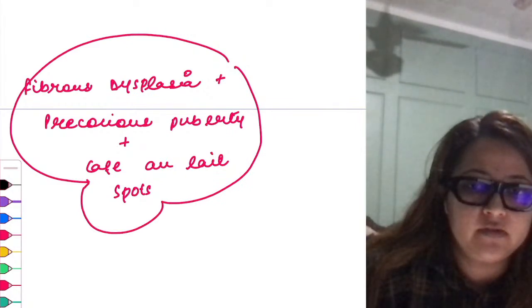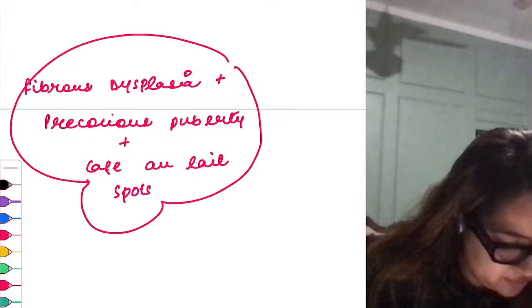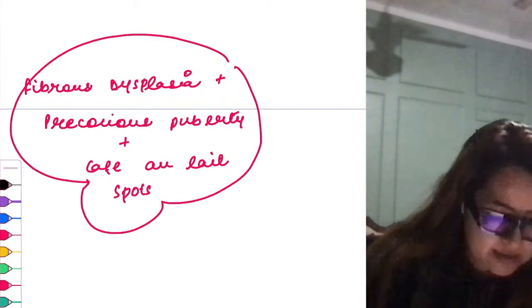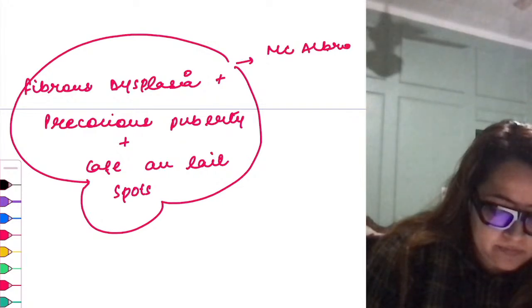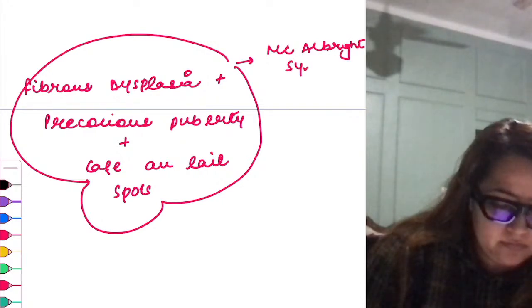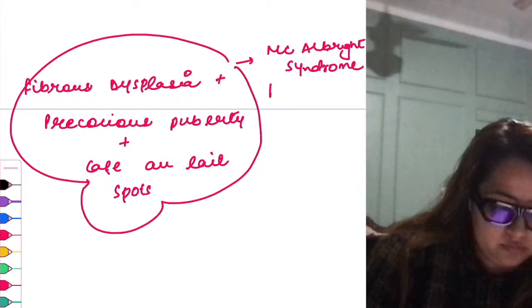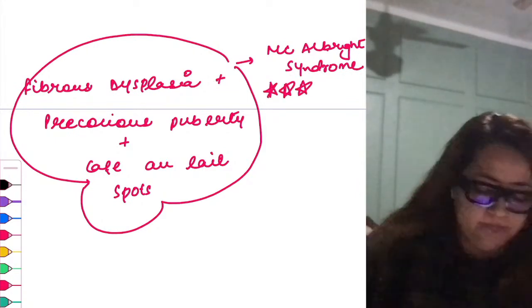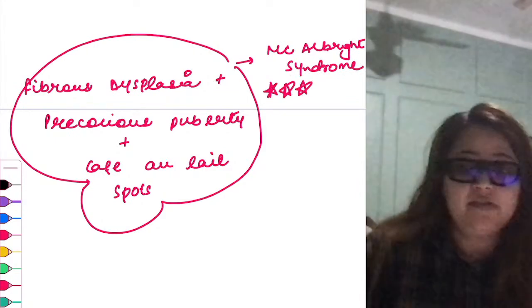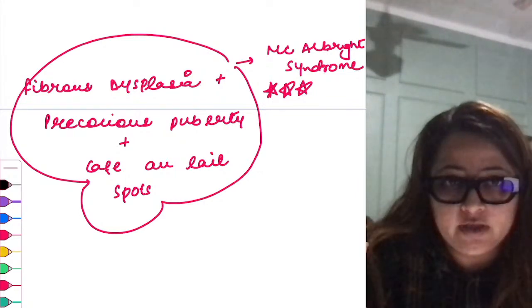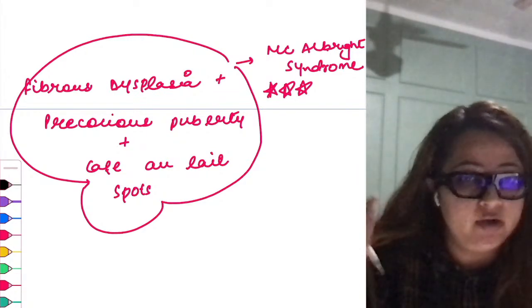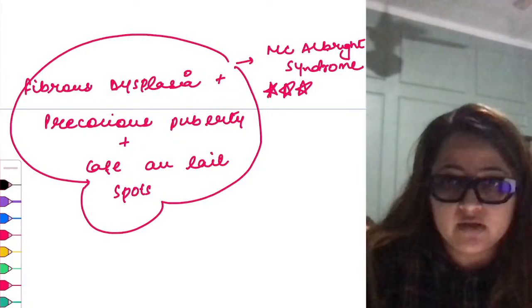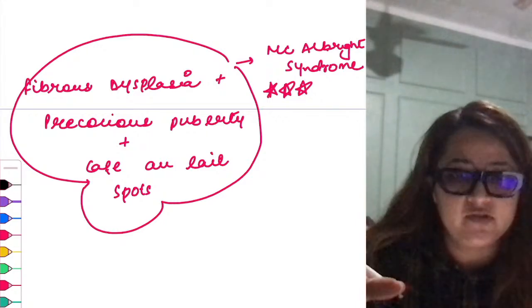What is the diagnosis? Exactly, Akash. The diagnosis is McCune-Albright syndrome. Remember this. Fibrous dysplasia of the bone is different from fibromuscular dysplasia. Don't get confused. Fibrous dysplasia means the bone is getting replaced by the fibrous tissue.